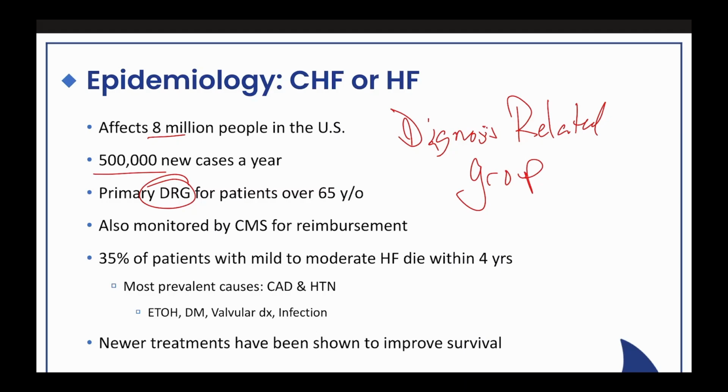In summer 2, you will take a healthcare dynamics class, and in that class you will have one lecture about coding and billing. How do you know what to bill? You've got to get paid for what you're doing, and the way you get paid is by being as descriptive as possible. So there are all these diagnosis-related groups just dealing with coding. Also monitored by CMS for reimbursement.